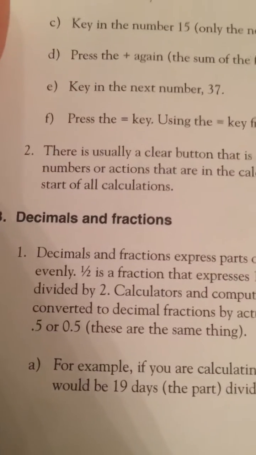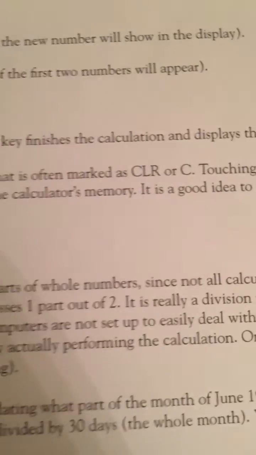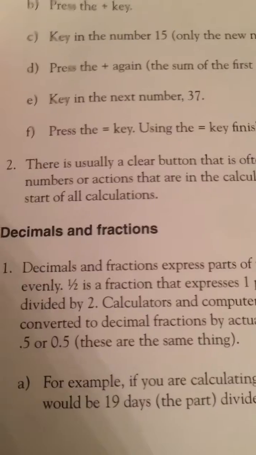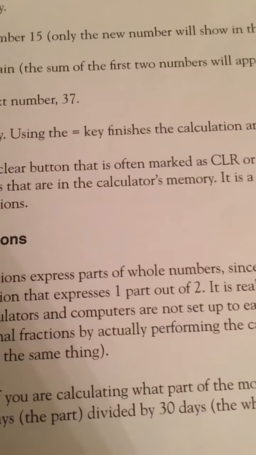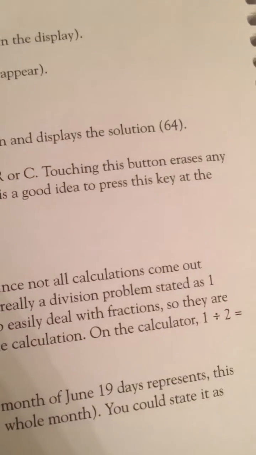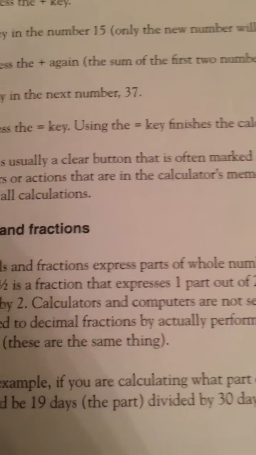B. Decimals and fractions. 1. Decimals and fractions express parts of whole numbers. Since not all calculations come out evenly, half is a fraction that expresses one part of 2. It is really a division problem, stated as 1 divided by 2.